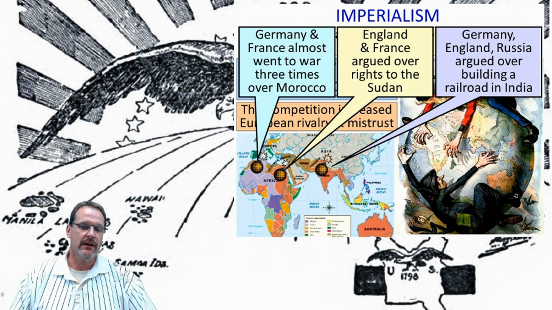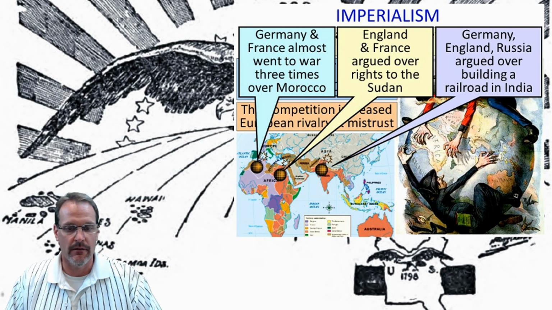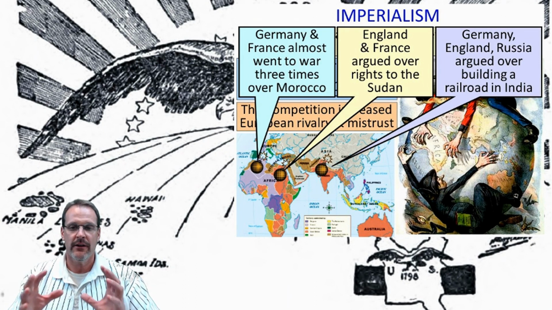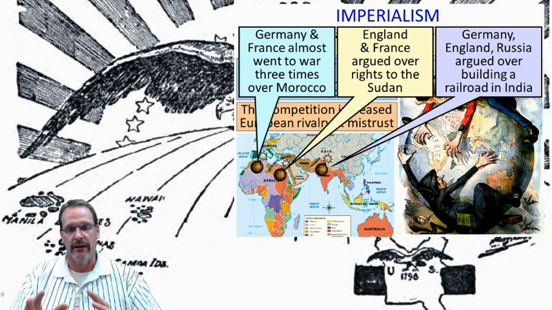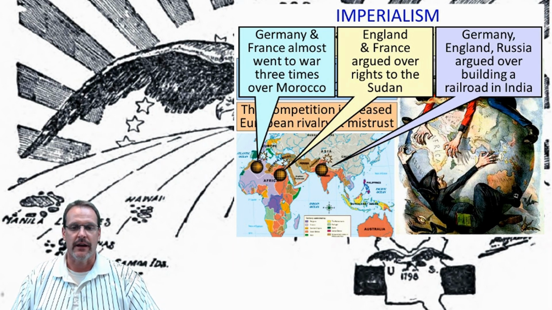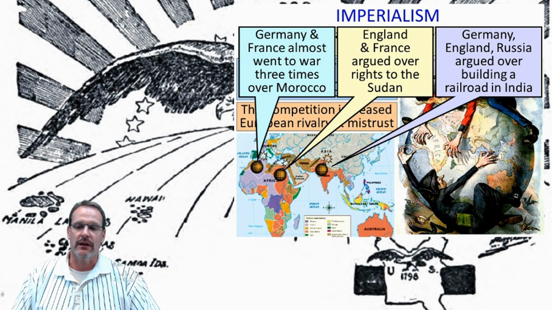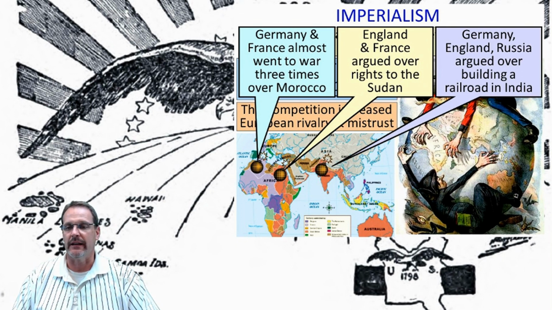Now, of course, America will follow suit with imperialistic goals and claims, but Germany had been imperialistically involved and in competition with lands that were also claimed by France. We've got the English-French competition that goes on, and then the claims of places like the Far East. We've got Germany and England and Russia who are arguing over the building of a railroad in India, and so on and so forth. So we've got a lot of jockeying around, a lot of positioning going on.